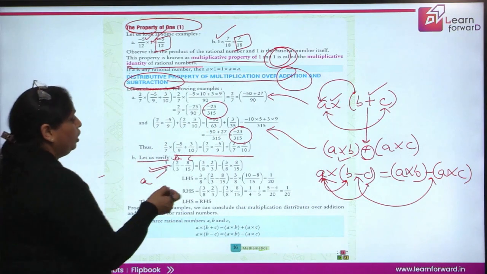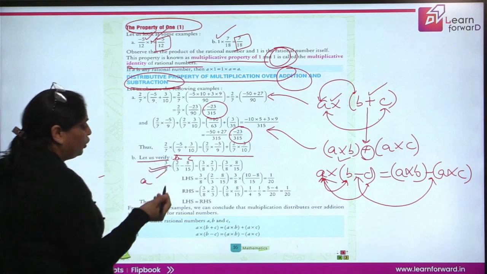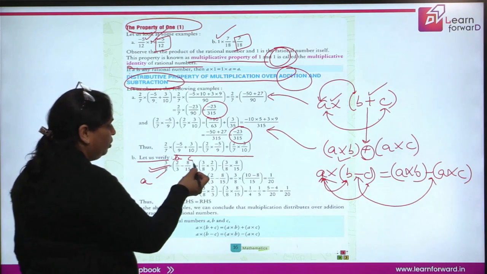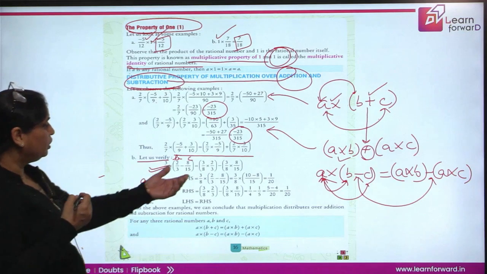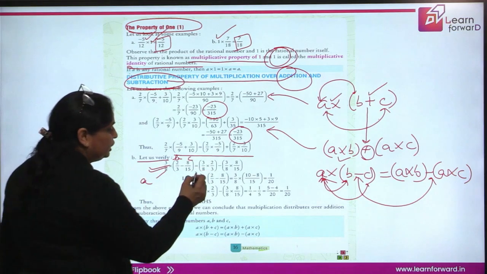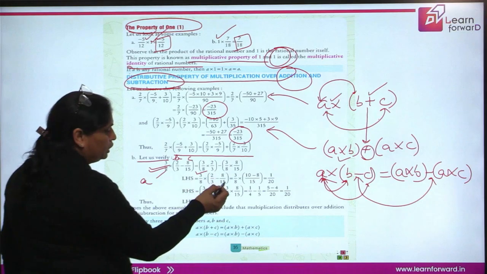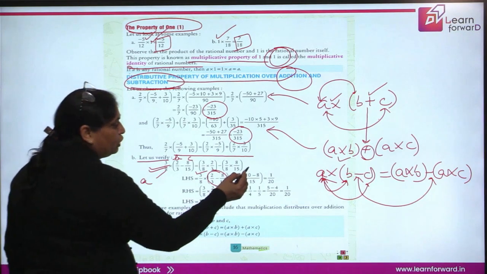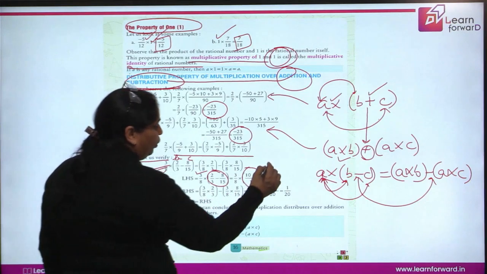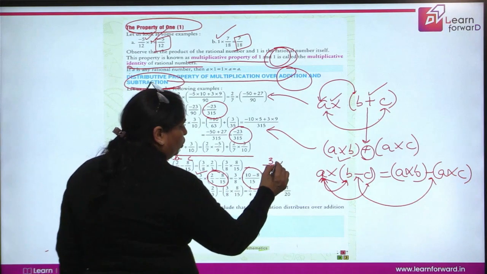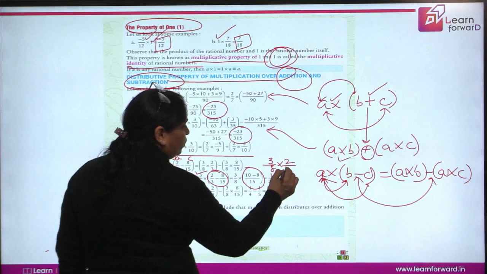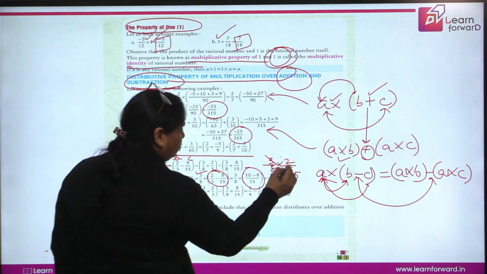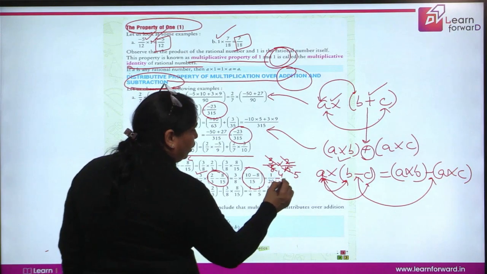So, here my A is 3 upon 8, in the bracket I am taking B and C, I am subtracting these two rational numbers. Now, LHS says 3 upon 8, as per the formula, solve the bracket first. This is 3 upon 8 into 2 upon 15. I am getting 1 upon 20.